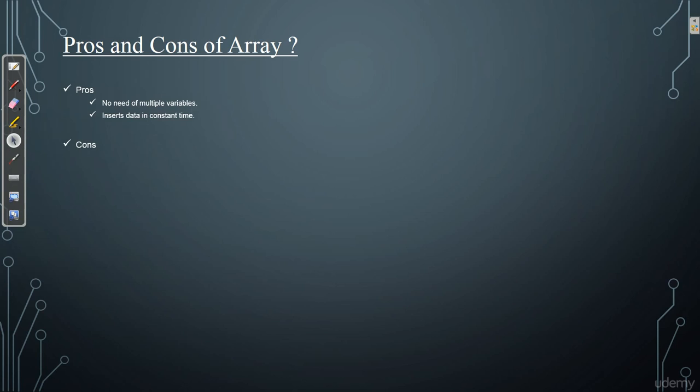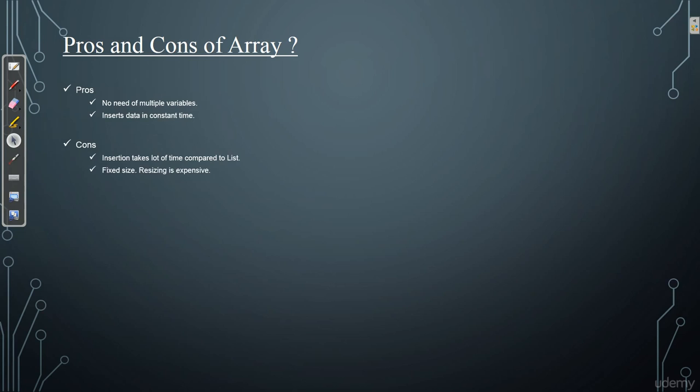Now there are certain disadvantages of using an array. So the first disadvantage of using an array is that inserting a value in a sorted array takes lot of time compared to list. Don't worry if you don't understand the meaning of list. As we progress with the course, it will become clear.